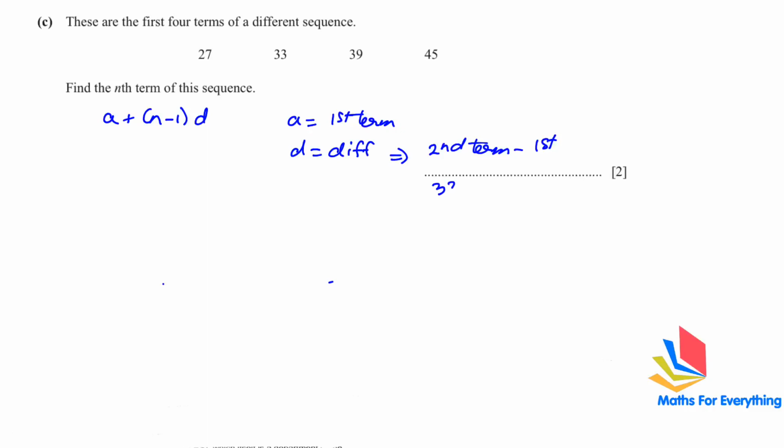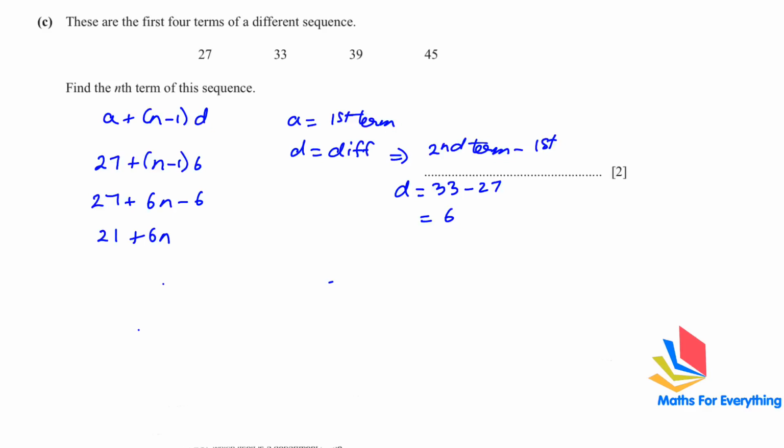So 33 minus 27 is our difference, which is 6. Now we'll just replace everything here. a is 27, n minus 1, and the difference is 6. Expand the bracket, 6n minus 6. 27 minus 6 will give us 21. 21 plus 6n is our nth term.